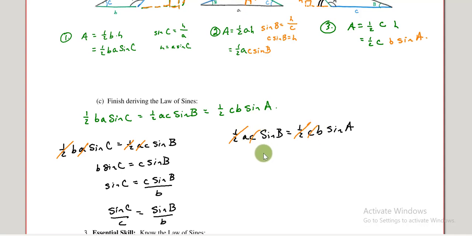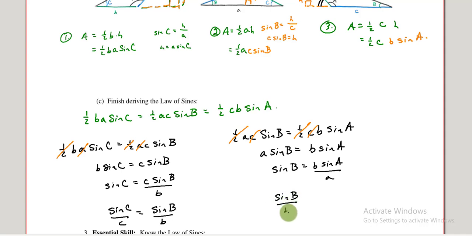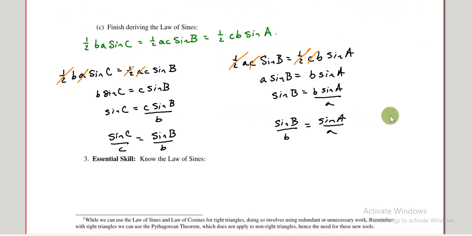And here we're left with a times the sine of B is equal to b times the sine of A. And if I divide both sides first by a, that would give me the sine of B is equal to b sine of A over a. And now if I divide both sides by b, we'd get the sine of B over b is equal to the sine of A over a. Now what we can do is we can put all three of these ratios together. So this is equal to this expression, and that expression is equal to this one.